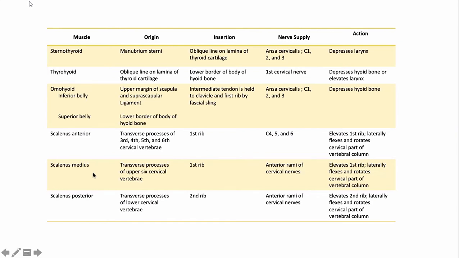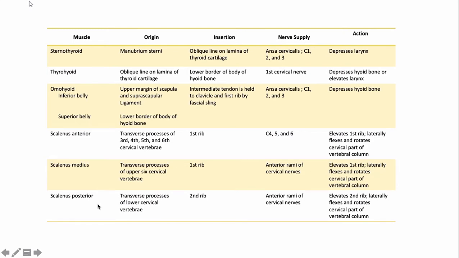Another muscle is the Scalenus Medius, which originates from the transverse process of the upper six cervical vertebrae and is inserted into the first rib. Nerve supply is from the anterior rami of the cervical nerves. The action is the same: it elevates the first rib, and if the first rib is fixed, it laterally flexes and rotates the cervical part of the vertebral column.